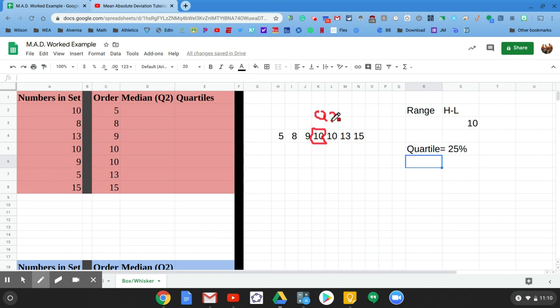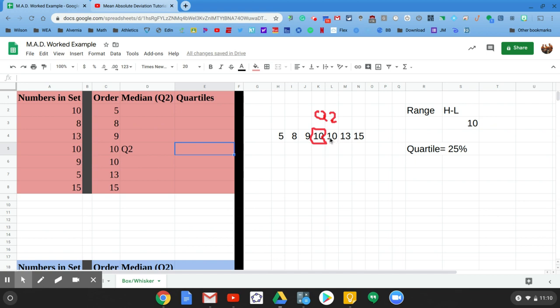Now, the next step is to find the upper and the lower quartile. This guy right here was quartile 2. To find the upper quartile, you look to the right of your median.